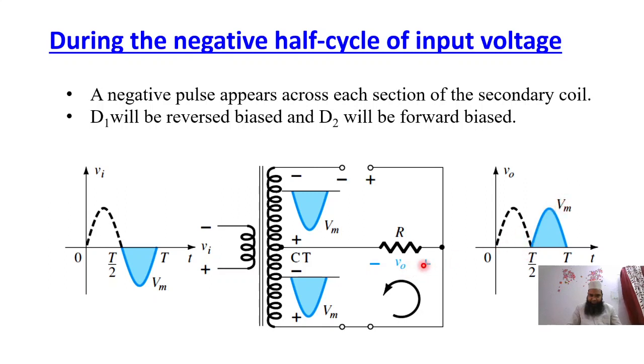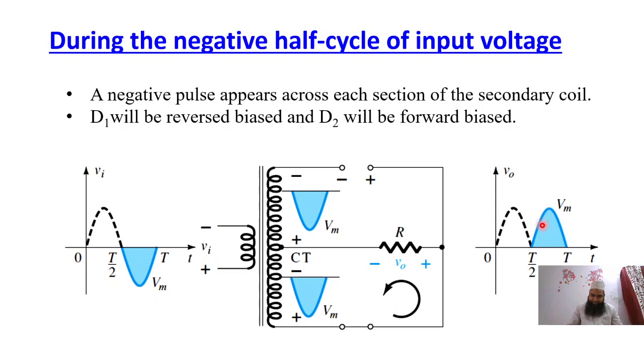Vm. We can see the direction of current during the positive cycle is this, and during the negative cycle is this. That is, the direction of current through the resistance, or through the load, is the same during positive and negative half cycles.